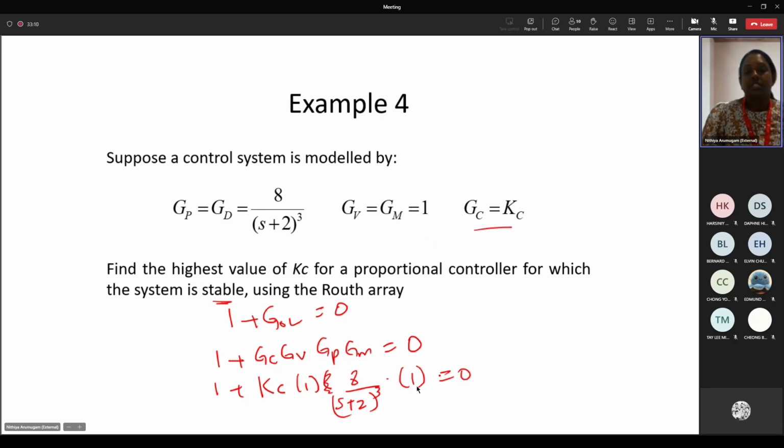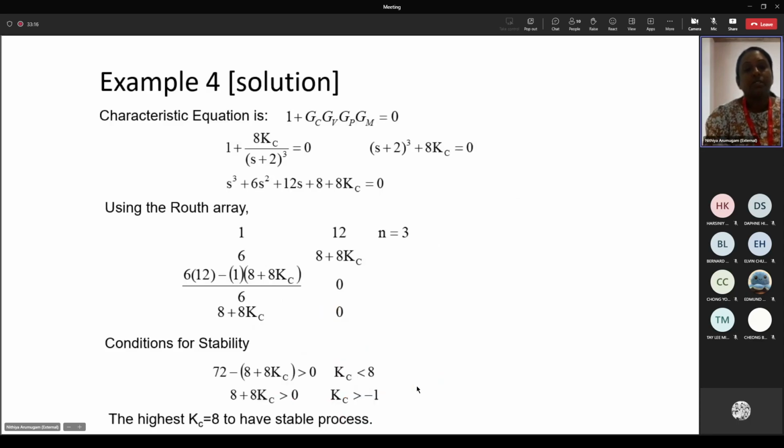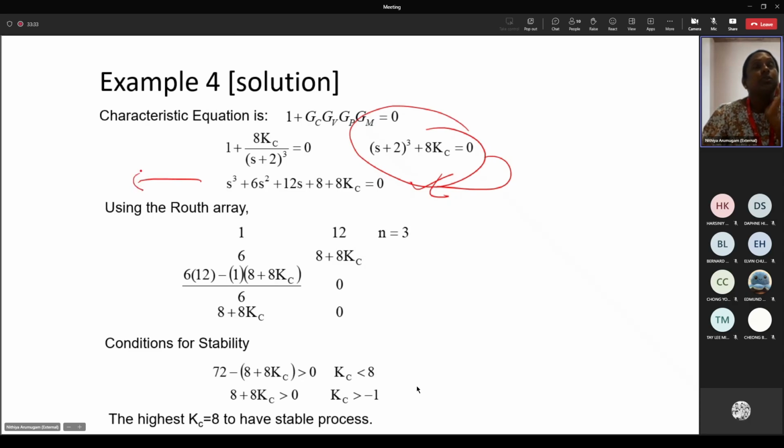So if you notice here, the S plus 2 term is the root. So we can rearrange the entire equation as equals to 0. From here, we expand to this. This is the general Routh array standard form of equation.